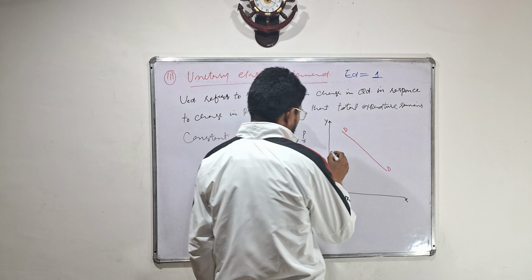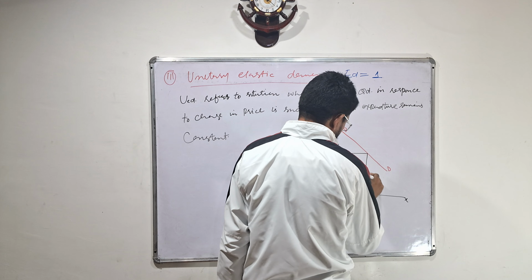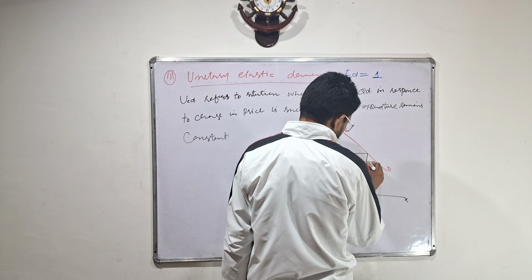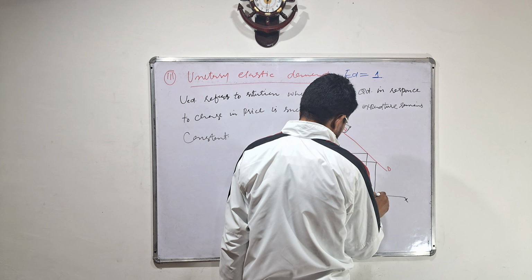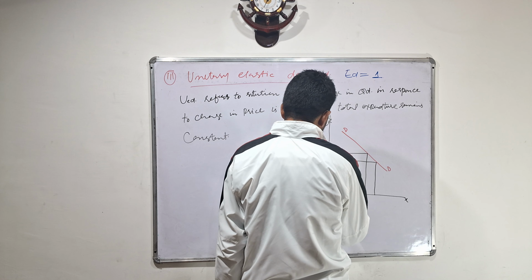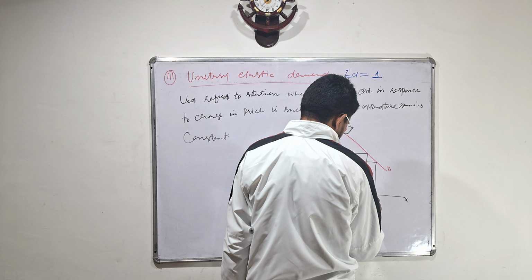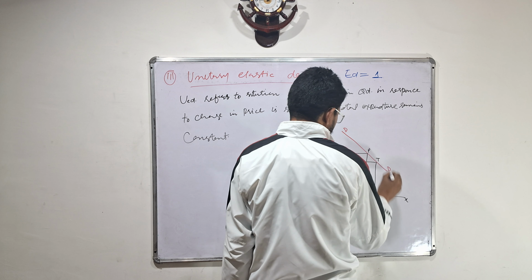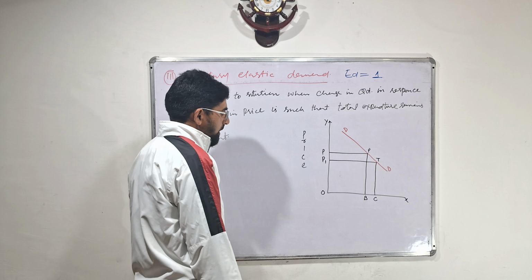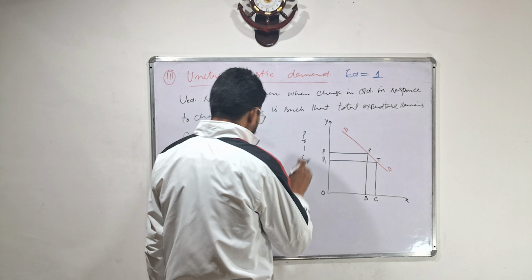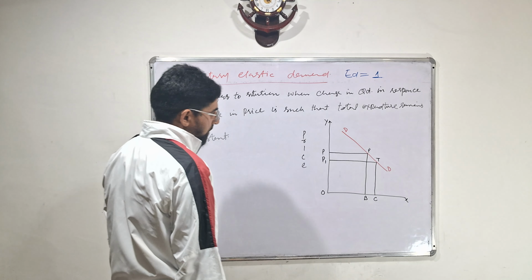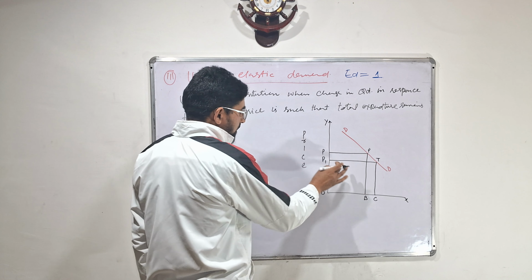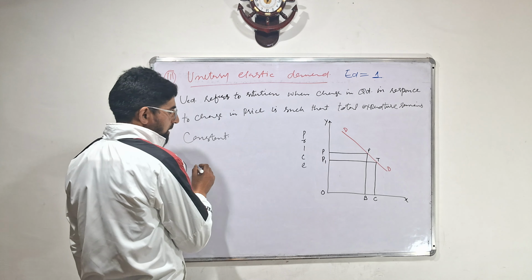Now, for example, this is price P. If price falls to, for example, this price P1, here is B, here I will write C, I will write P, I will write T. For example, if it is price P, quantity demanded is B.